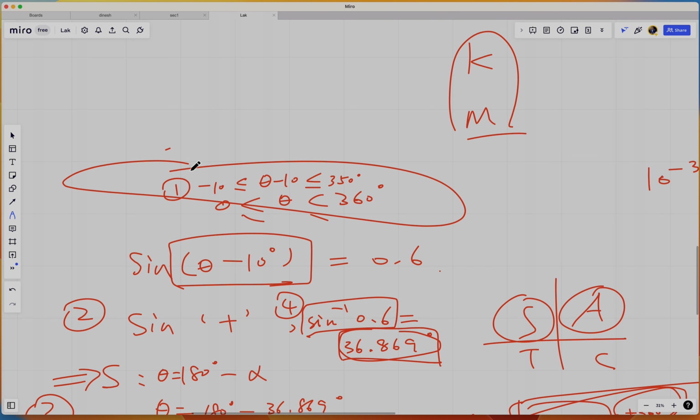Because you minus 10. Because the question tells me the range for theta is 0 to 360, so it makes sense if what I have is theta minus 10, therefore the range is minus 10 to 350. You minus 10 here, I minus 10 here, to tell me the range.